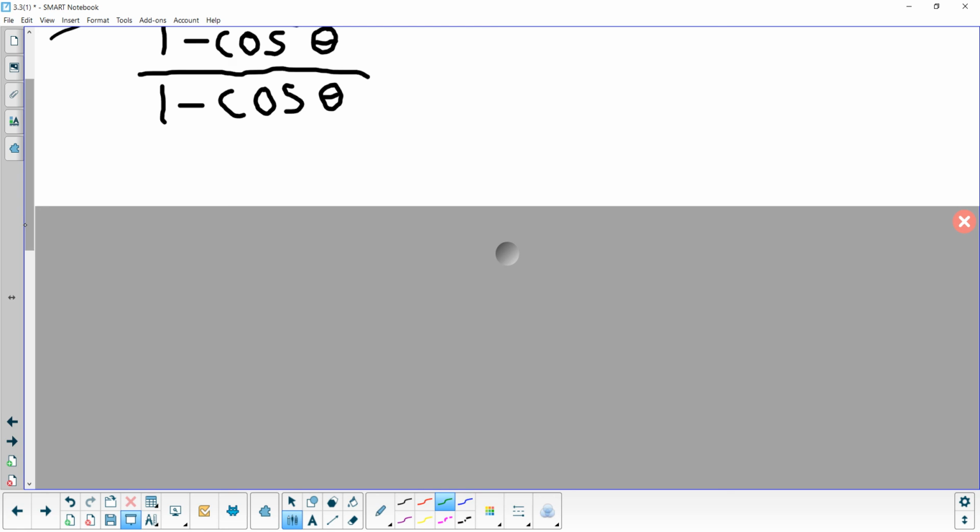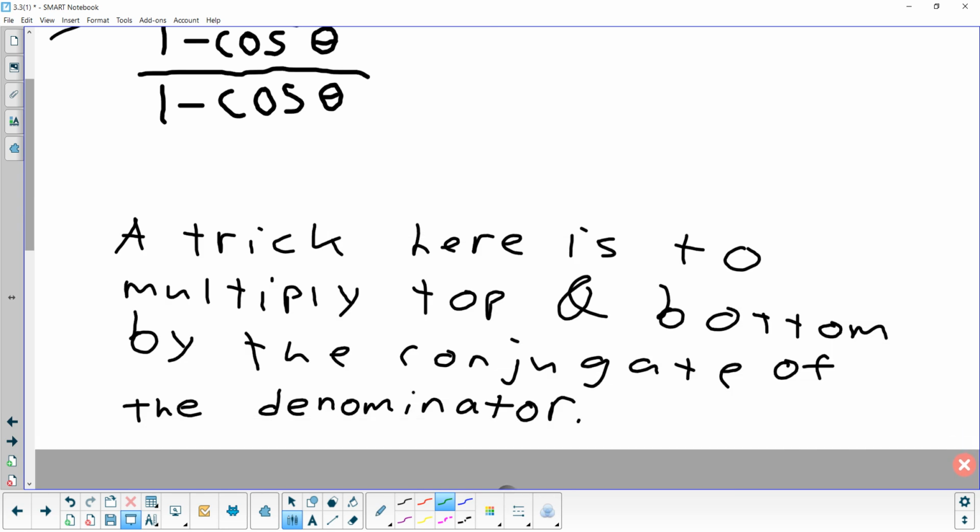So what do they say to try? They said a trick here is to multiply the top and the bottom by the conjugate. Okay, that's something we've seen before. We multiplied by conjugates when we had complex numbers, and we had an i in the bottom. So remember, the conjugate is when you change the sign of what's in the middle of the problem.